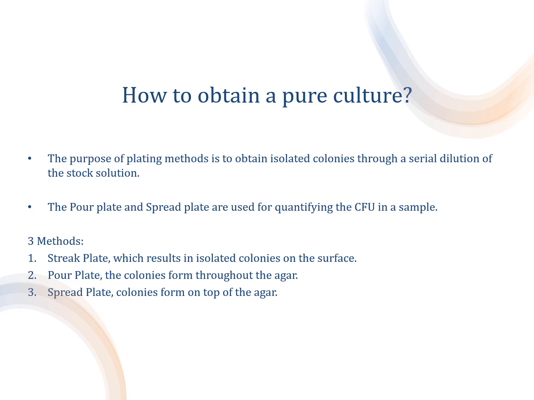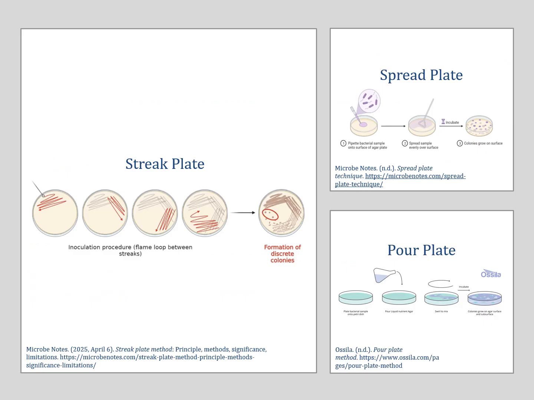The whole idea of the pour plate and the spread plate, you want to be able to calculate or estimate the amount of bacteria that was in the sample that you were using. So the difference between the pour plate and the spread plate is how you apply the bacteria.